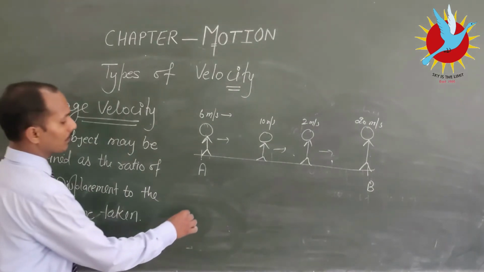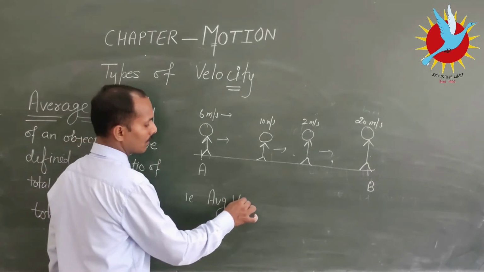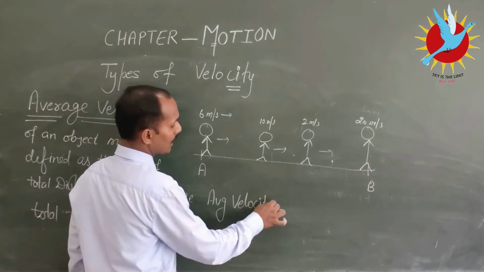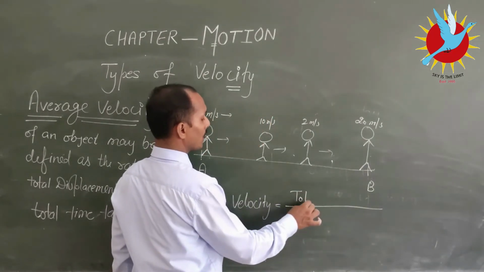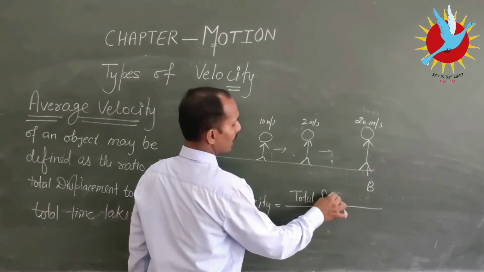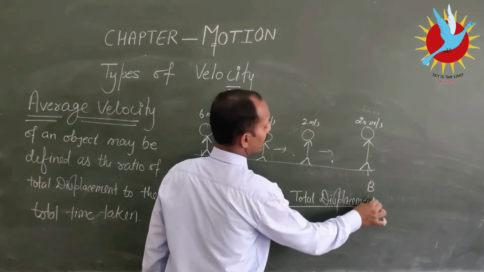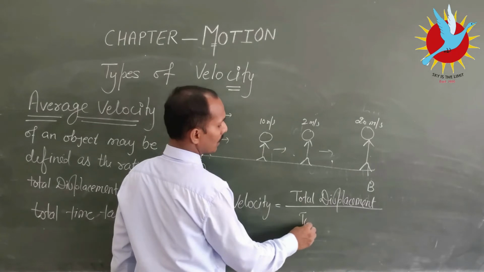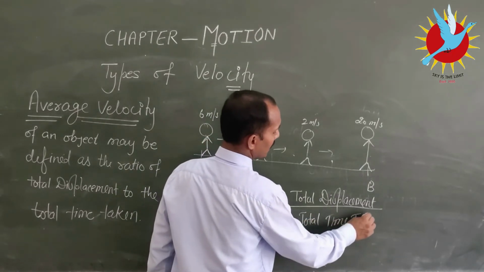That is, average velocity is equal to the ratio of total displacement upon total time taken.